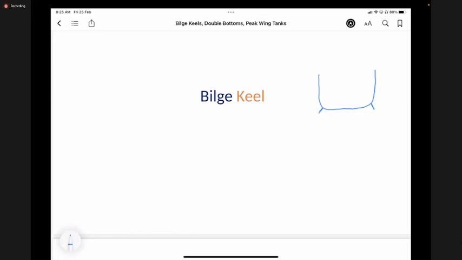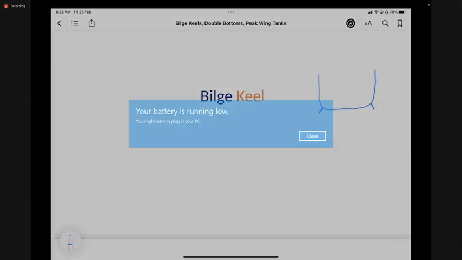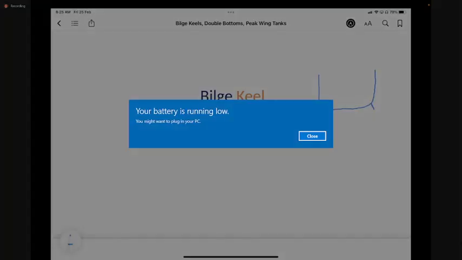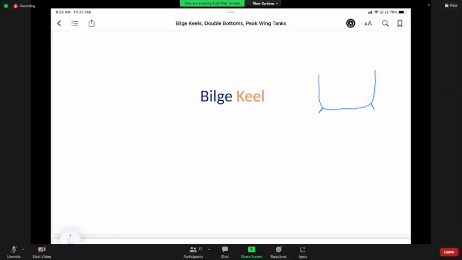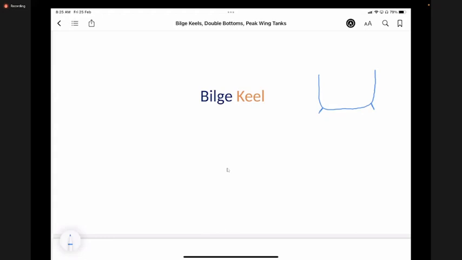Are you aware of them? Any active system? Bilge keel is a passive anti-rolling system.